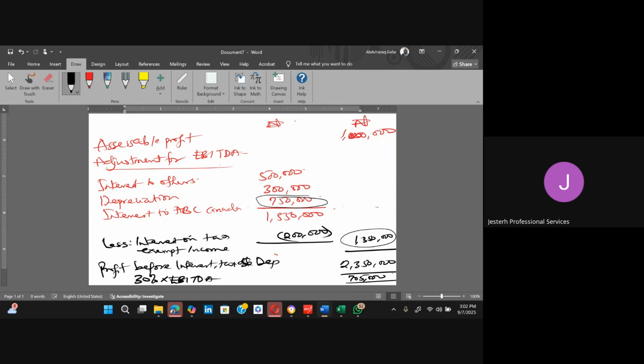Which means the total amount that the company can deduct from its tax is 705,000, not 750,000, right? So that is what the interest deductibility is all about.